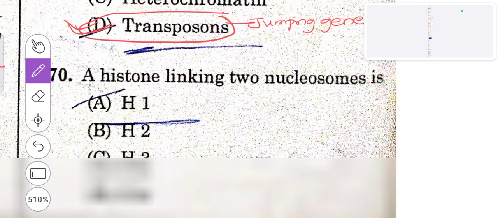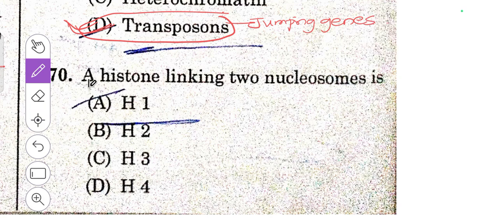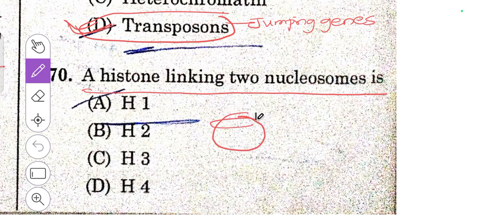Then 70th question, a histone linking two nucleosomes is... Consider this as histone 1, where the wrapping of DNA takes place, and you also get a linker DNA. So this linker will be H1. So this H1 will connect two nucleosomes. That is H1 is the right answer.